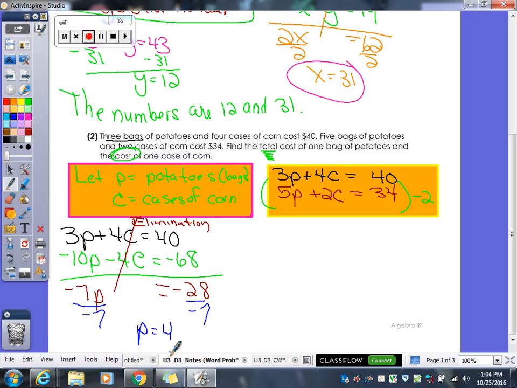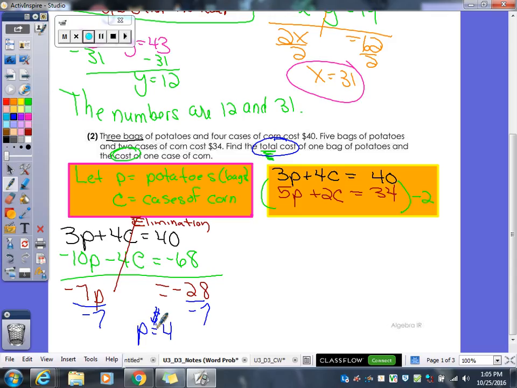What do they want? The total what of 1 bag of potatoes? The total cost. So I want the cost. So that means 1 bag of potatoes costs $4. If you write 4 bags of potatoes, they will mark it wrong. They're looking for the cost of 1 bag.